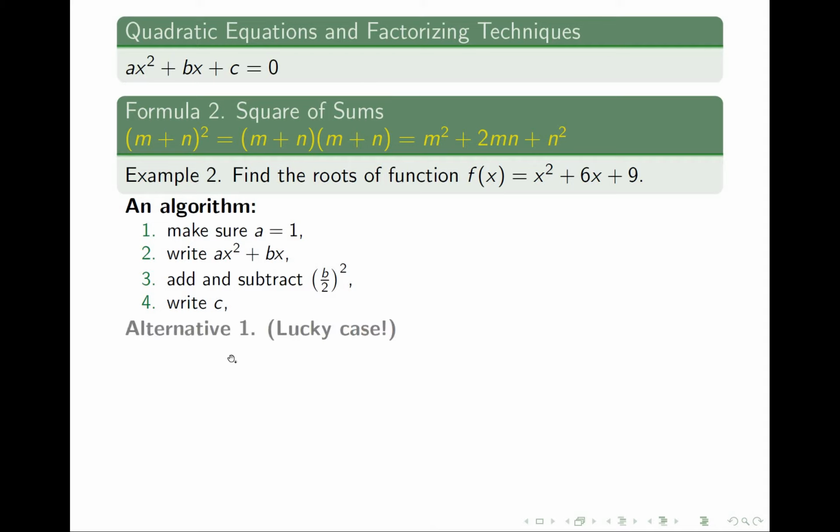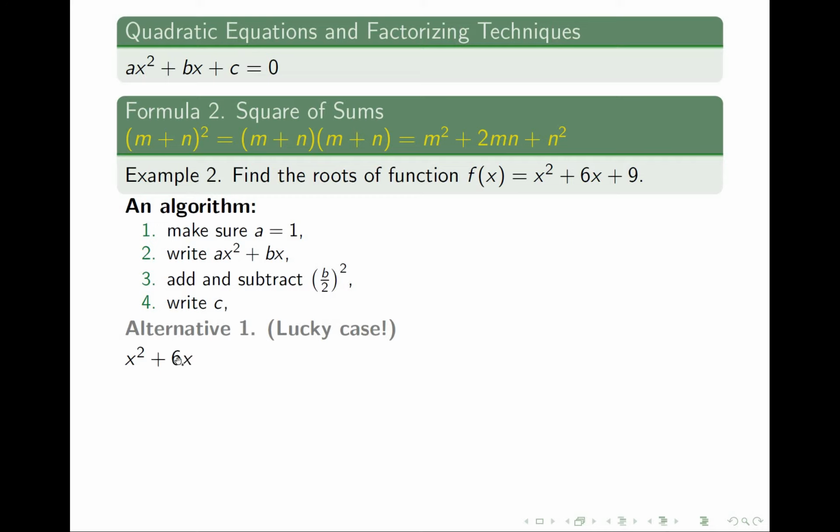So we go through alternative 1. I put it as the lucky case, and you will see why in a bit. We made sure that a is equal to 1. We were lucky here, a was equal to 1, so we write x squared, and then we write this expression as it is, plus 6x.